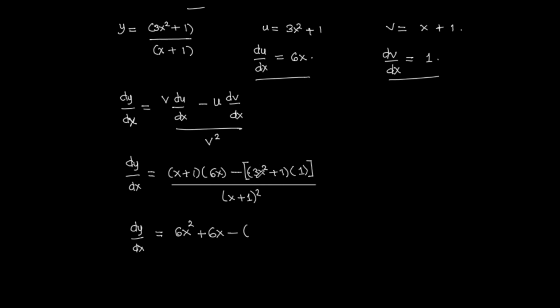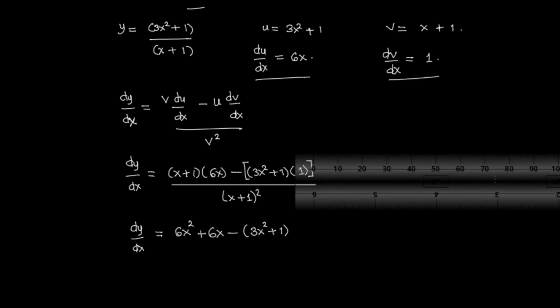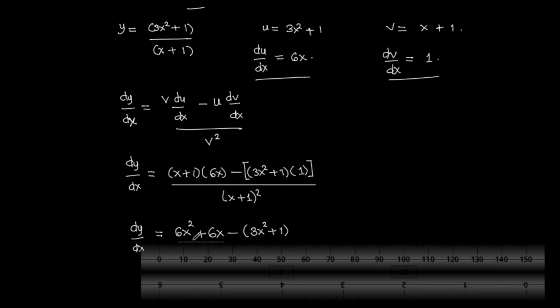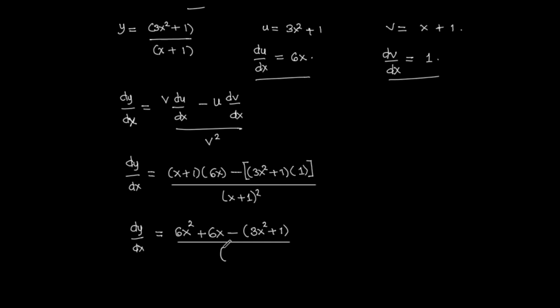Now we can write one bracket, because anything times 1 is just itself. So we have here 3x squared plus 1, and then we still divide it by the denominator, and we maintain our denominator the same as before, and that is x plus 1 all squared.